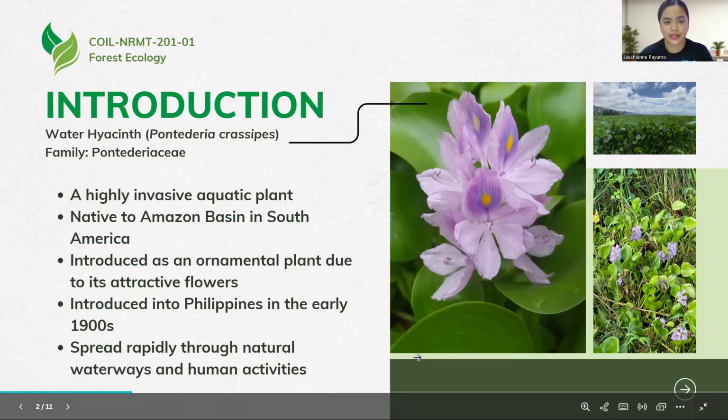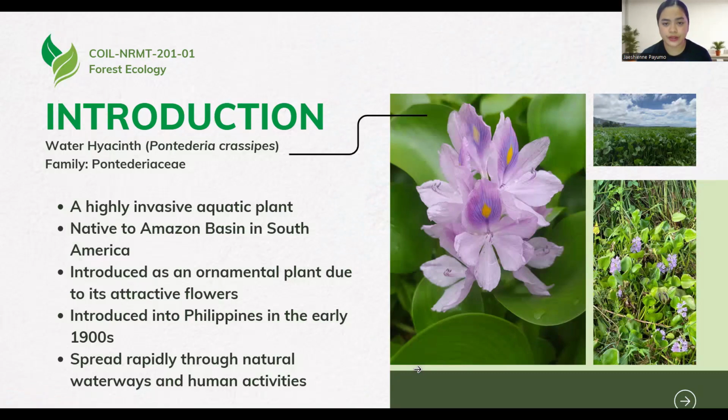Water hyacinth, scientifically known as Pontederia crassipes from the family Pontederiaceae, is a floating aquatic herb that typically forms dense clusters. Its glossy leaves are arranged in circular rosettes with stalks that are spongy and swollen at the base, an adaptation that helps the plant stay afloat.